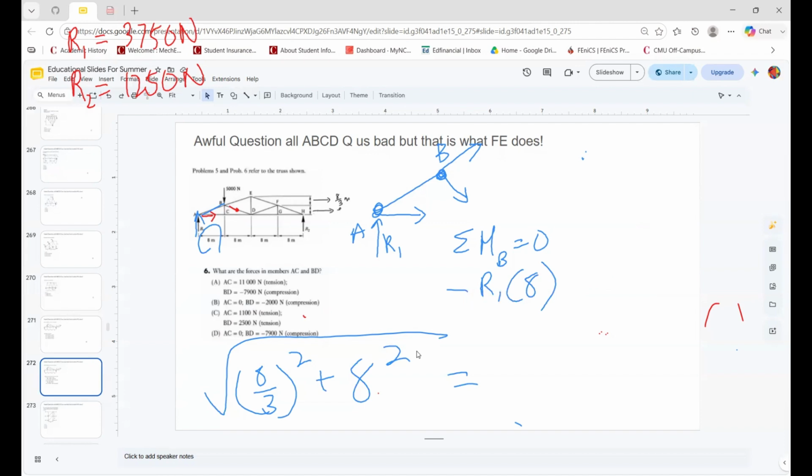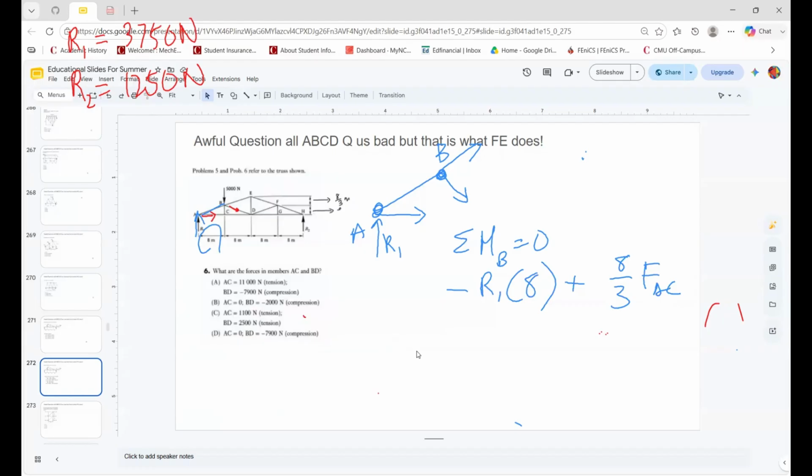And then we have positive 8 divided by 3 times FAC. Wow, I just wasted a few minutes of my life doing that. So FAC equals 0.